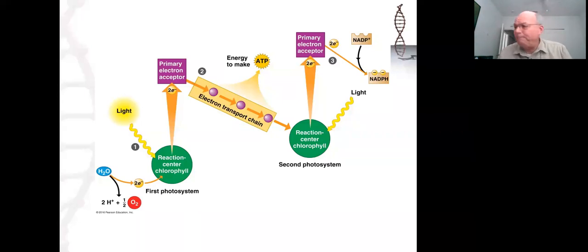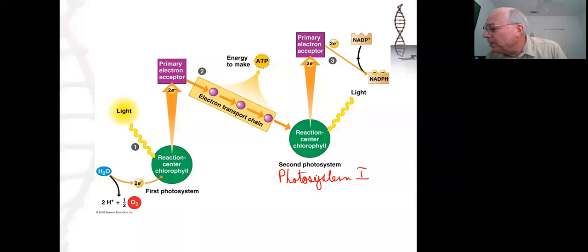They are very different. The reason why they've done this is because the names of the photosystems can get a bit confusing if you're thinking about the order in which everything acts. So this is called photosystem 1, or PS1 for short.